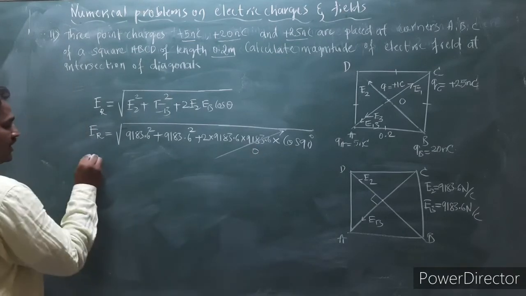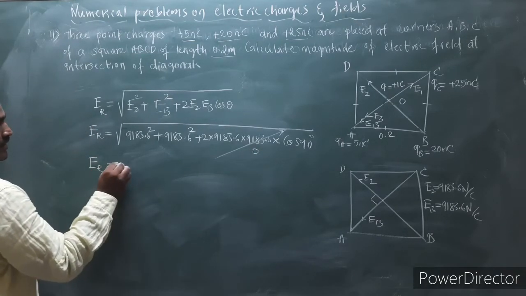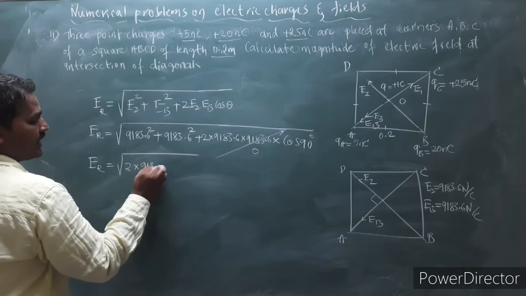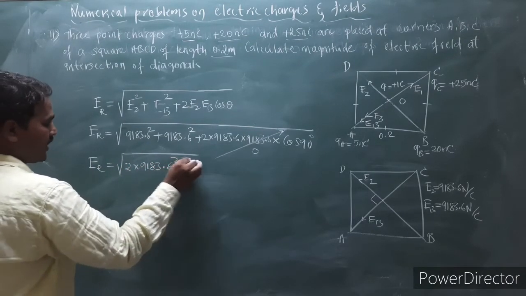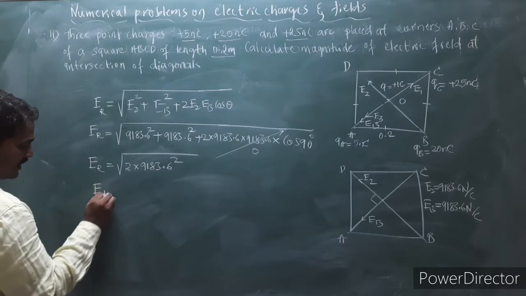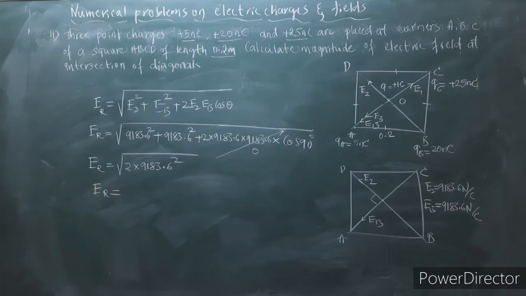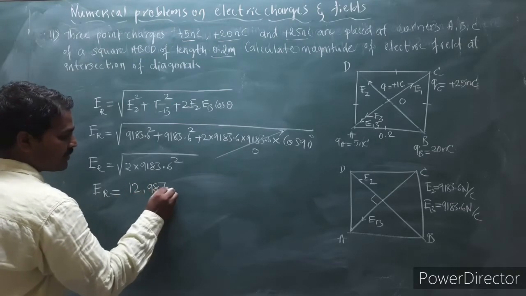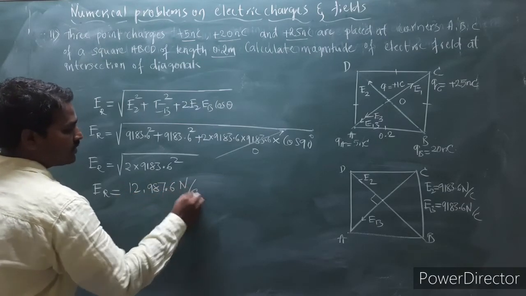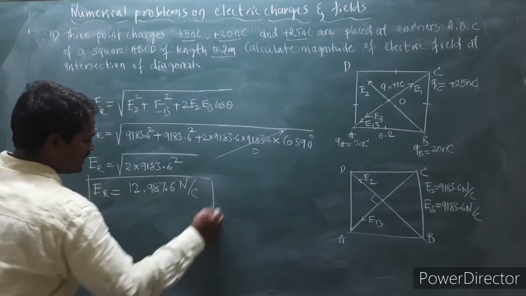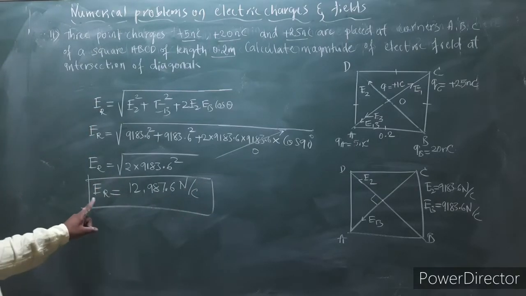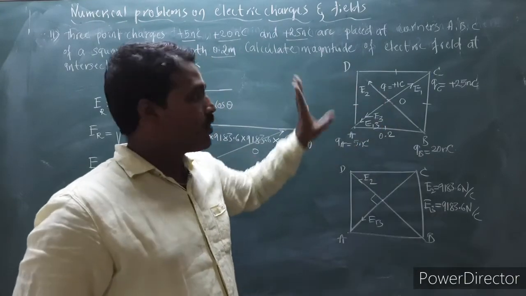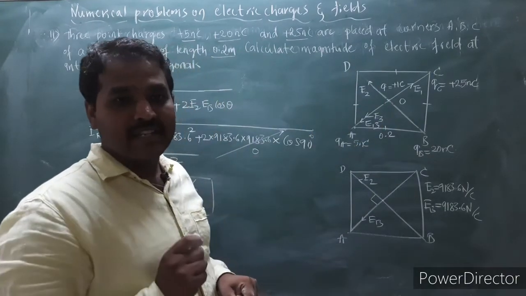So I will remain with ER is equal to the square root of 2 times 9183.6 square, and when I solve this, I will get the value of the resultant electric field as 12,987.6 newtons per coulomb. This is the magnitude of the resultant electric field at the intersection O. And what is the direction of this electric field?